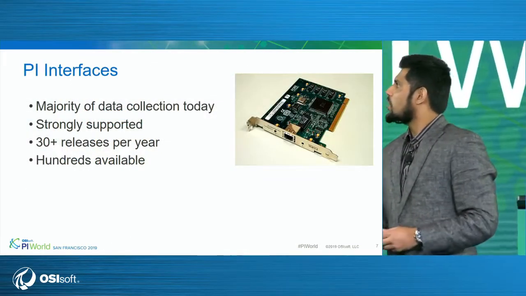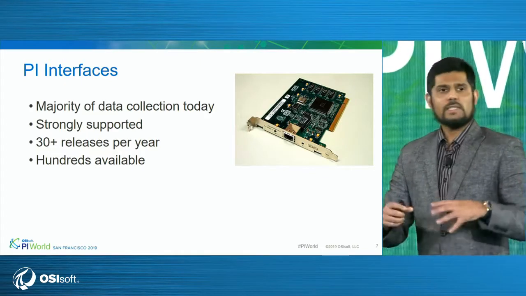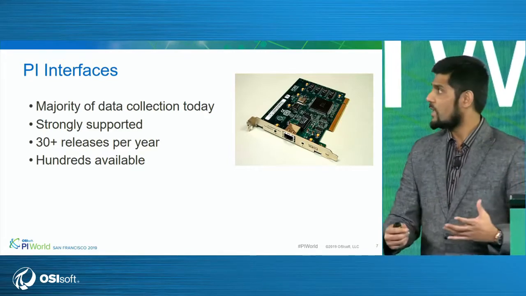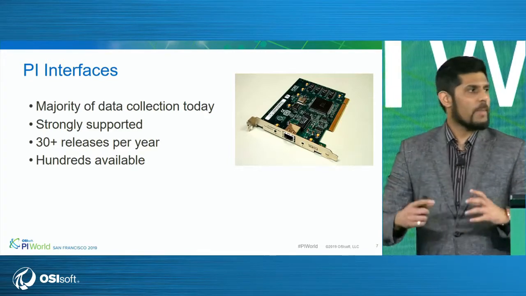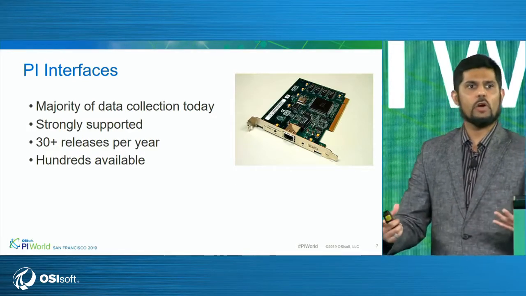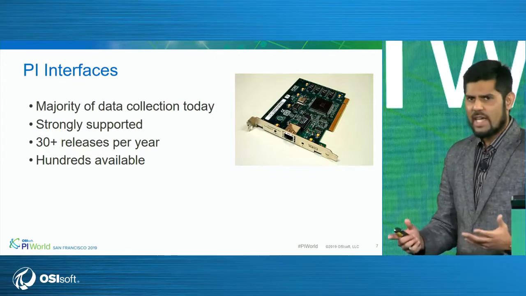So let's take a closer look at our PI interfaces. As things stand currently, we have over 400 different PI interfaces, which makes our PI interface technology the majority shareholder in our overall suite of products. Our PI interfaces have been around for decades.